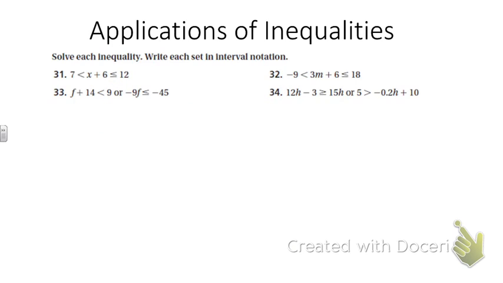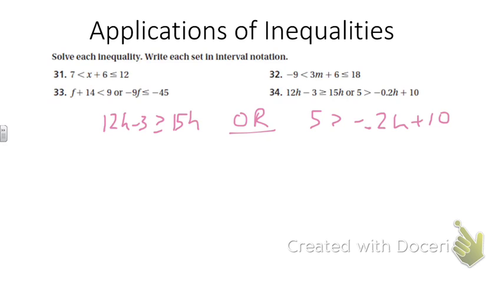Okay, let's do the last one. 12h minus 3 is greater than or equal to 15h, or 5 is greater than -0.2h plus 10. I want to get the variables over here first. This is 0.